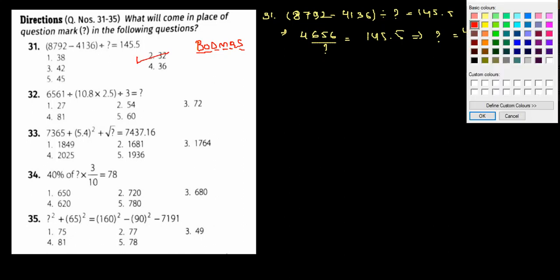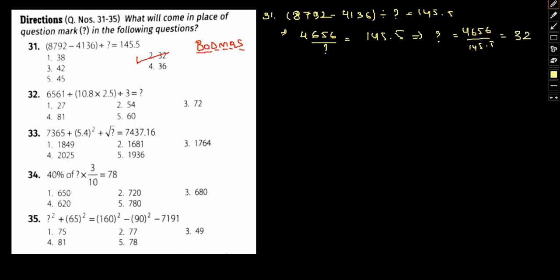Okay, so 32 will be our answer. Having said that, let's move to question number 32. 6561 divided by 10.8 into 2.5 divided by 3, equal to question mark. So let's try and solve the bracket first, that is 6561 divided by this bracket, 10.8 into 2.5, would simply give us 27, divided by 3 equal to question mark.